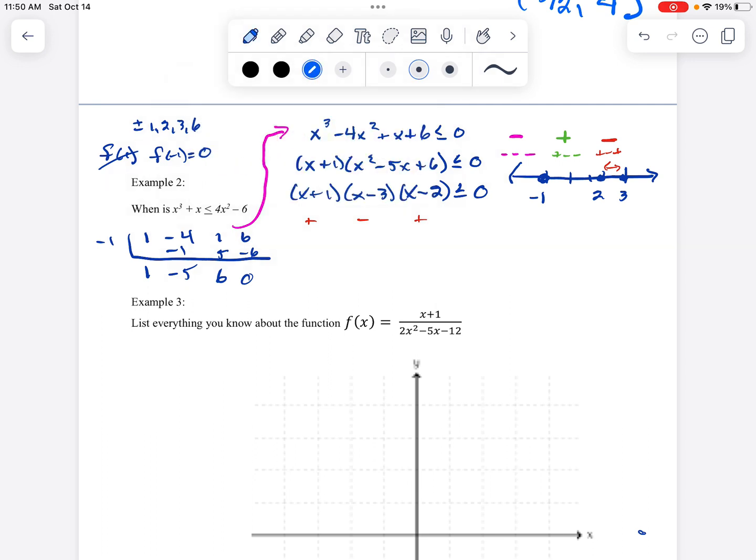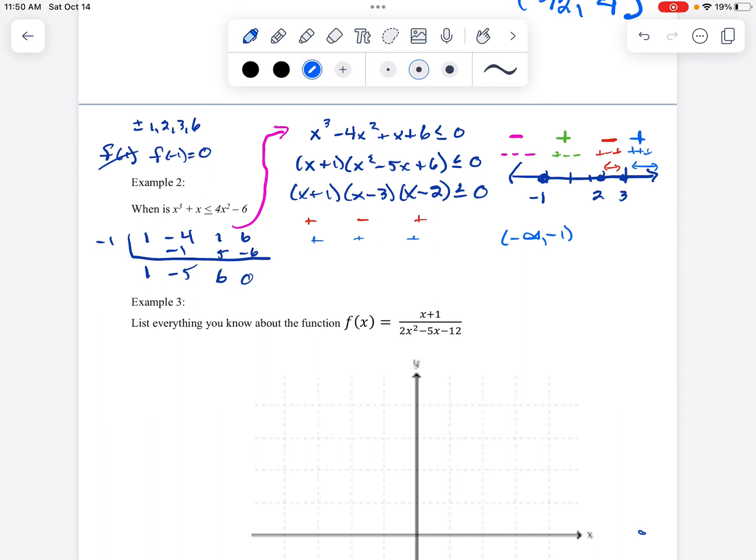And the last one, if I plug in anything bigger than 3, I'm going to get a positive, positive, and a positive. And that's a positive overall. So my big question was, well, when is this polynomial less than 0? When is it negative? From negative infinity to negative 1.